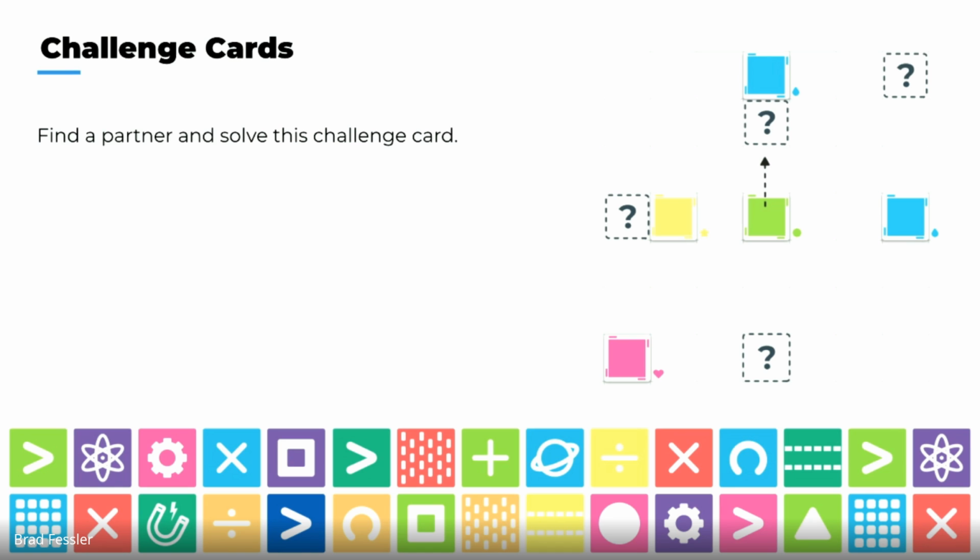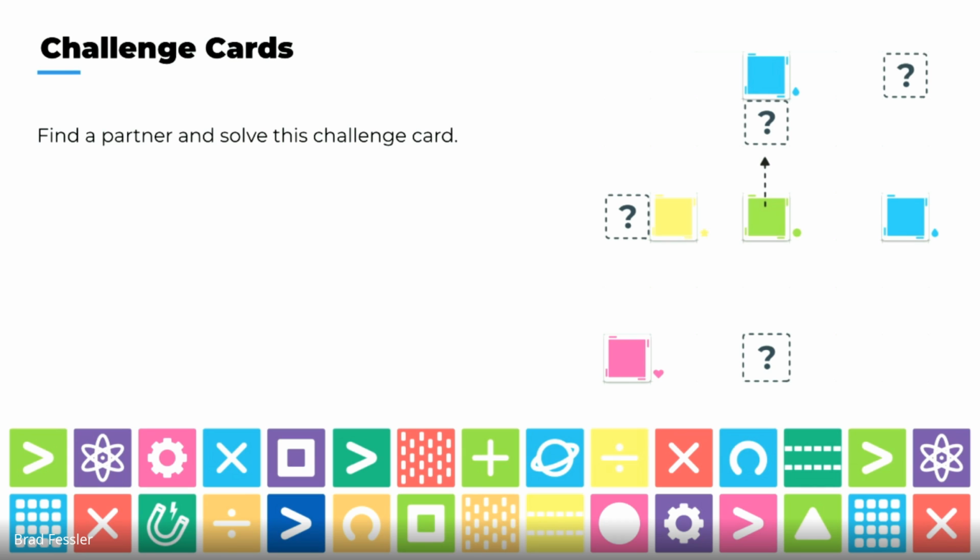So what I want you to do is take a few moments if you have an Indi set in front of you. If you don't, you can still take a stab at this one. Use some post-it notes, and just write the colors on them, or use a piece of notebook paper, however you want to do it, and try to solve this. If you have the Indi set in front of you, I encourage you to set those in place and give this a shot.